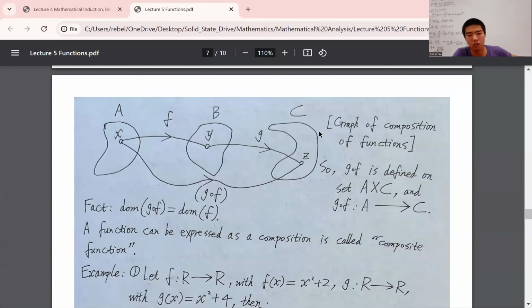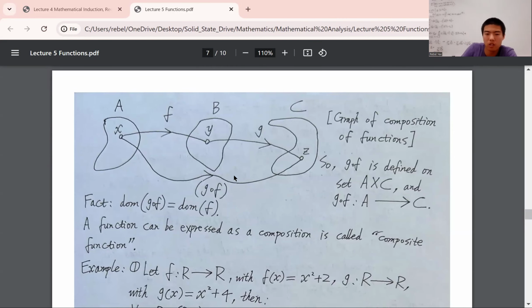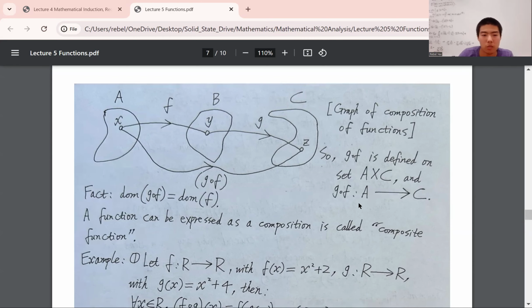All right. In this case, we can see the composition function transitions from A to B and B to C, which is actually A to C. And the domain of the composition of g and f is just the domain of f, because g is based on f's codomain.